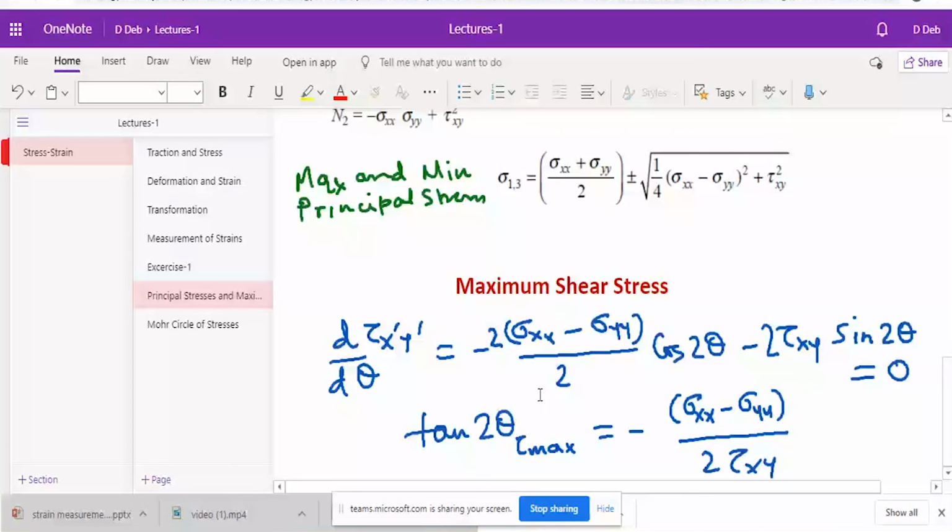So, if you want, I can stop for 5 minutes. If you are a little bit tired, then we can start again at 11, if you like. There is one more topic left, Mohr circle, and that requires your maximum concentration. So I can stop the recording and stop sharing also, and then we will go to the Mohr circle.